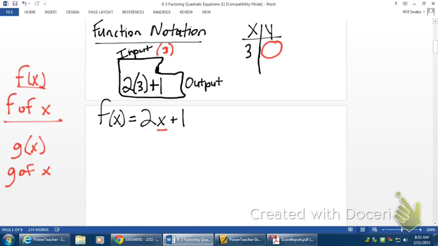Anytime you see an x, and let's say we're looking for what the coordinate is for 3, whatever the x value is, just put it as your input and plug it in right here. Just plug it in for x. That's all you're doing. From there, you're just solving. So 2 times 3 is going to give me what? Plus 1 is going to give me what? 7. So my output is 7. So that tells me that my y coordinate is 7.